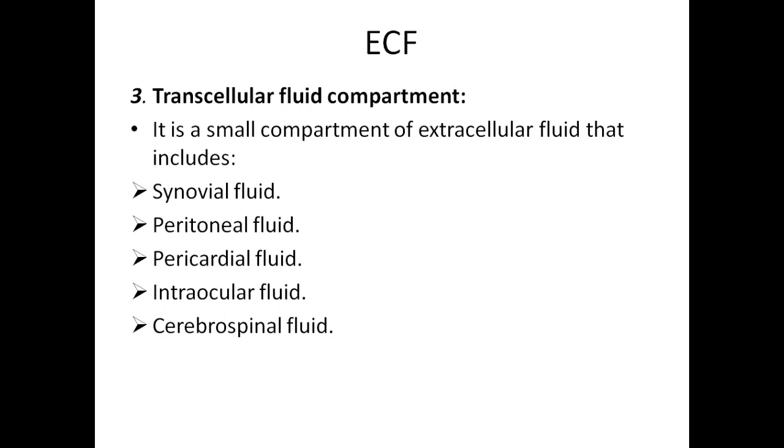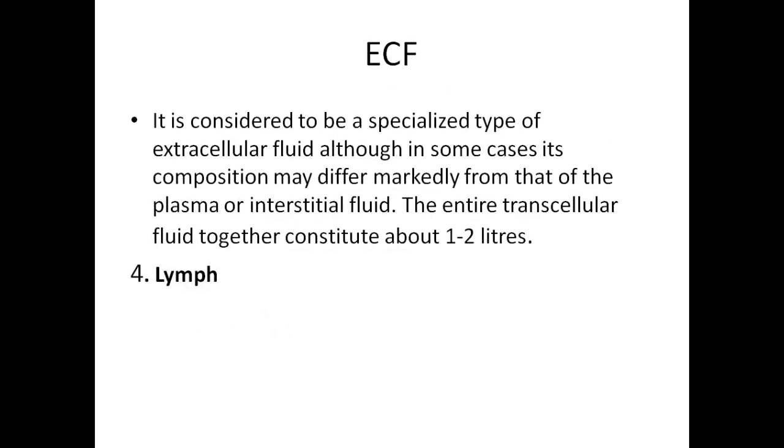As you can see, most of them are in body cavities, like the peritoneal and pericardial cavities, but also in organs like the eye and between the joints, and the cerebrospinal fluid. So the transcellular fluid is considered a specialized type of extracellular fluid, although in some cases its composition may differ markedly from that of the plasma and interstitial fluid.